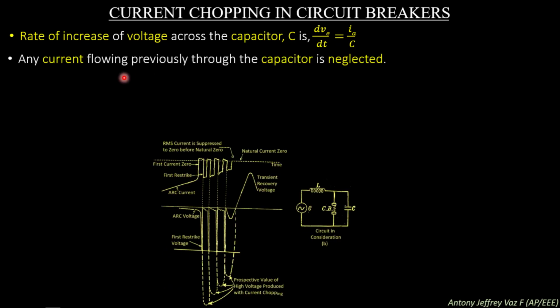Any current flowing previously through the capacitor is neglected. So when applying this formula, before the R current becomes zero, the capacitance current should be neglected.